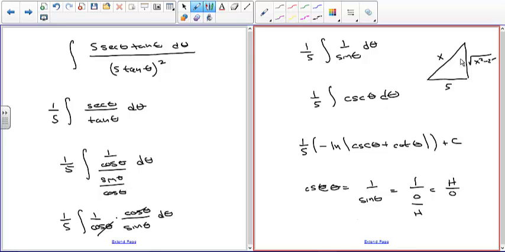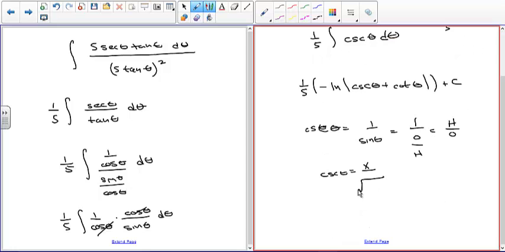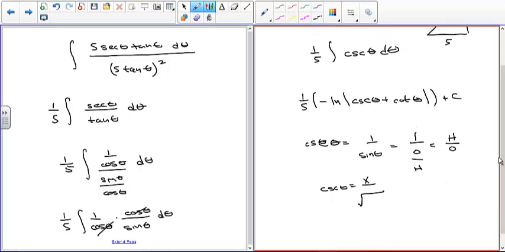And so we go to our triangle here. The cosecant of theta is 5 divided by the square root of x squared minus 25. And the cotangent of theta is adjacent over opposite. Why is that? Because the cotangent is 1 over the tangent.